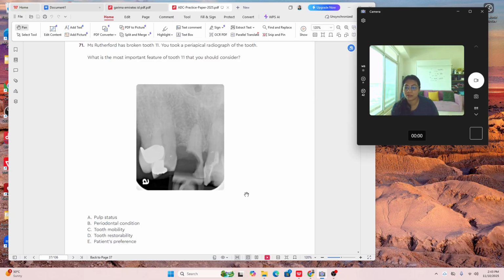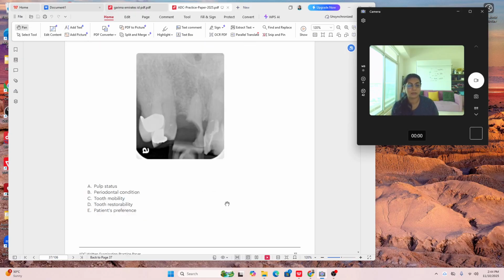So the answer here is restorability, okay? You don't even have to think about it. This is the basic classification of any tooth that you examine. Pulp status, periodontal condition, mobility, patient preference, all these come when you have decided that yes, this tooth can be saved. So looking at it, is it a root piece or is it a structure that can be saved? That will decide your further plan of action. So that is tooth restorability.